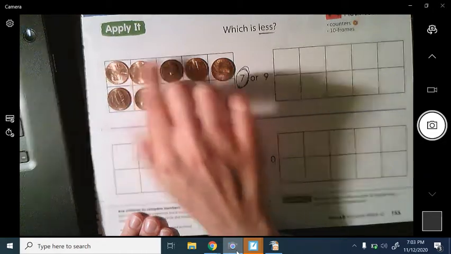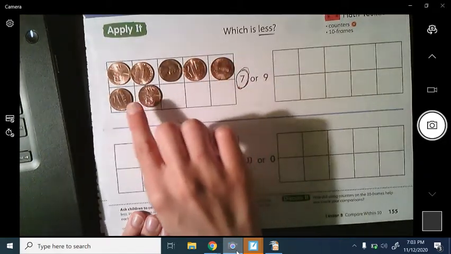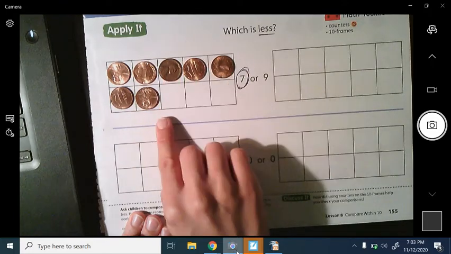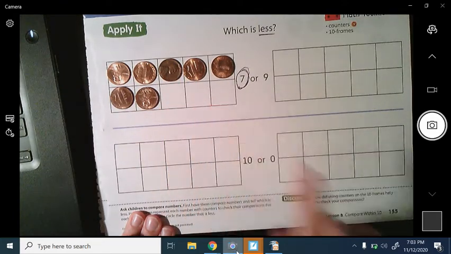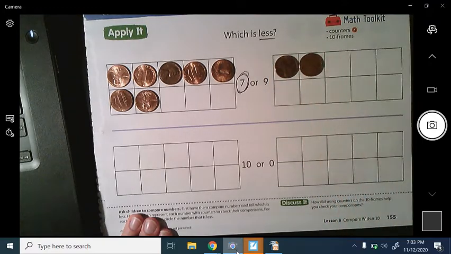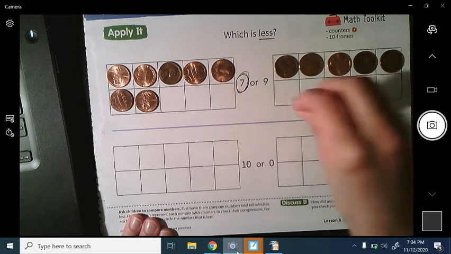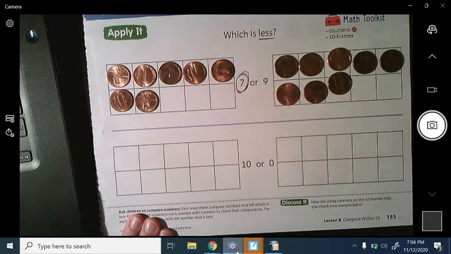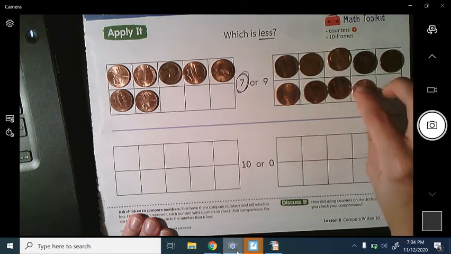Okay, so there's my 7 counters. Ooh, it fills up most of the boxes. There's 3 boxes that are still empty. All right, now I'm going to put 9 counters over here. 5, 6, 7, 8, 9.